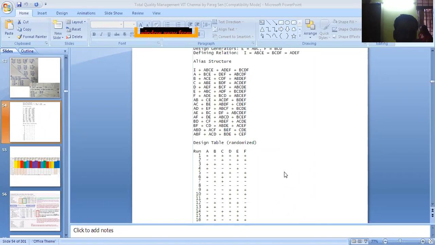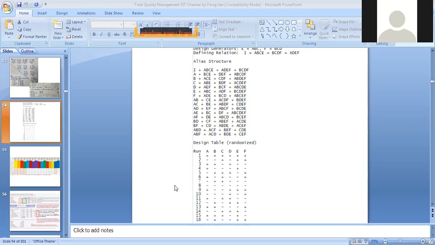You need to give the command to the Minitab software that you have 6 main factors and need to conduct a 1/4 fractional factorial design. If you give this command, Minitab will show you this kind of design table or design matrix.